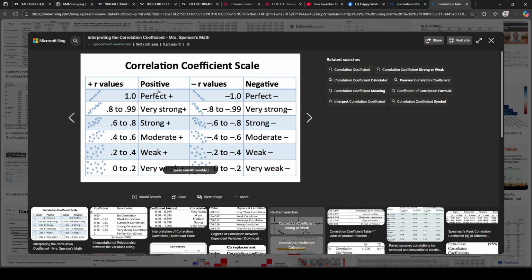But if it is 0.8 to 0.99, it's a very strong positive correlation. If it is 0.6 to 0.8, it is a strong positive correlation. If it is 0.4 to 0.6, it's just a moderate positive correlation. If it is 0.2 to 0.4, it's a weak positive correlation. And if it is 0.0 to 0.2, it's a very weak positive correlation.